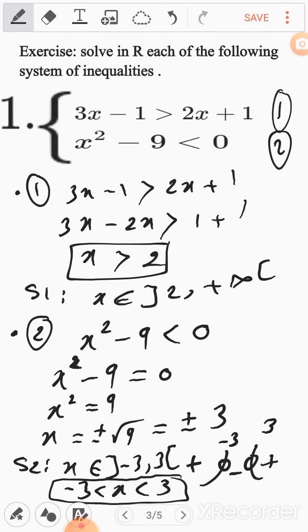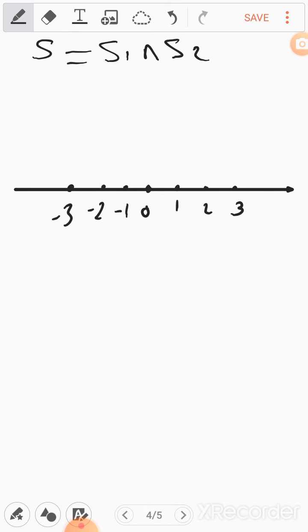The first solution is S1, which is x greater than 2. This is 2. This is the representation of the solution S1 on the number line.